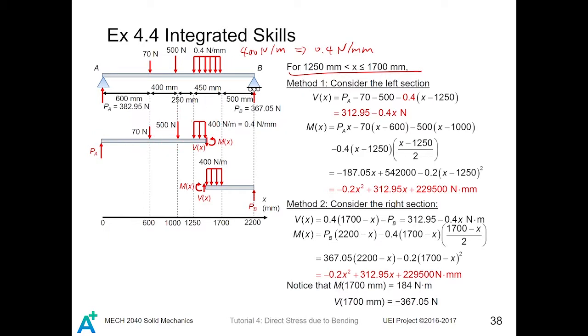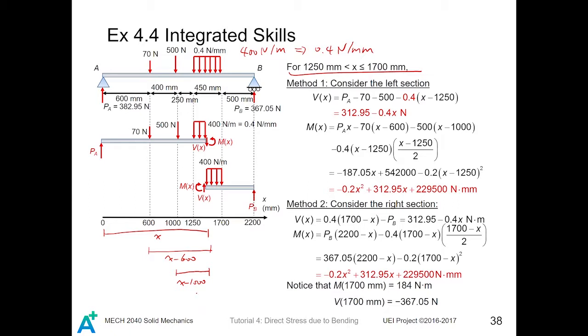For the moment, it is also not easy to compute. First, PA still generates an arm of X. The 70 Newton force will generate an arm of X minus 600. The 500 Newton force will generate an arm of X minus 1000. For the distributed load, the moment is a little bit complicated to compute, but it should be fine.